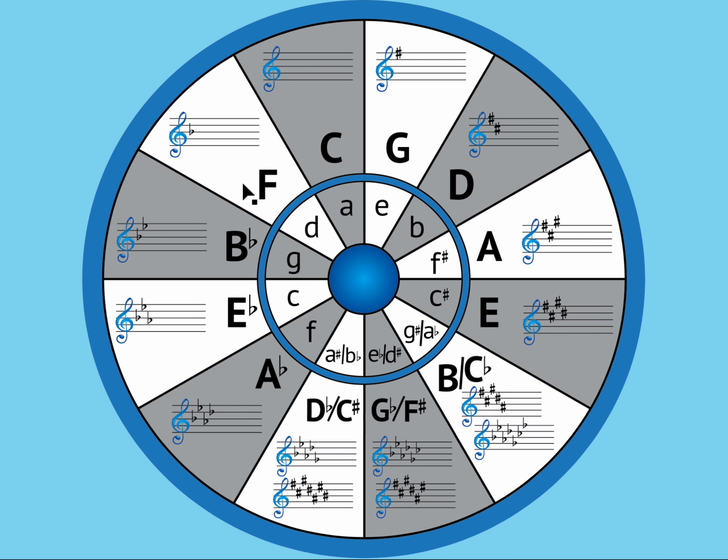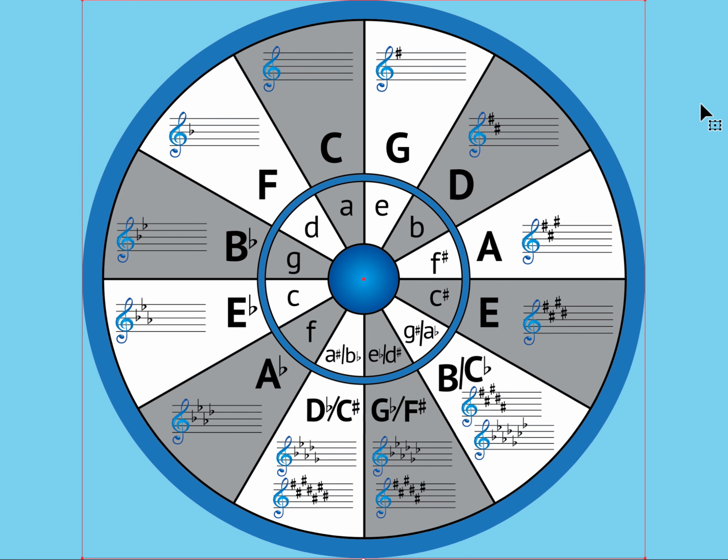So BEADGCF is the circle or cycle of fourths, and then bead G is flats, so the whole circle of fourths all the way around is BEADGCF, bead G with flats.